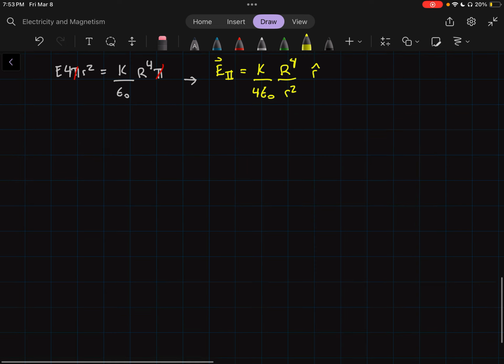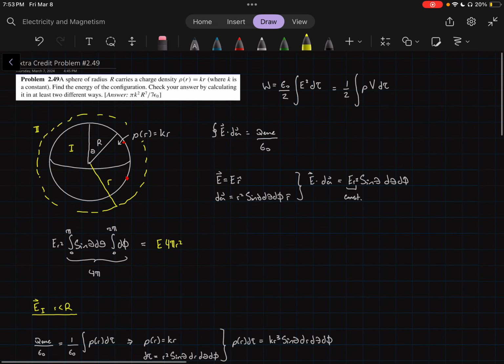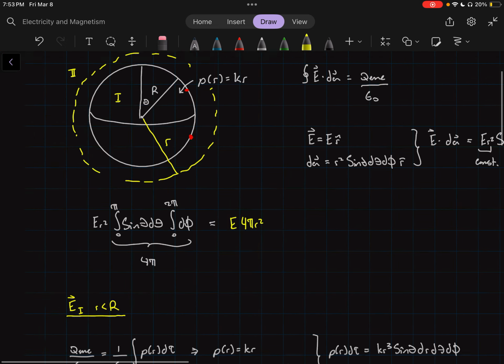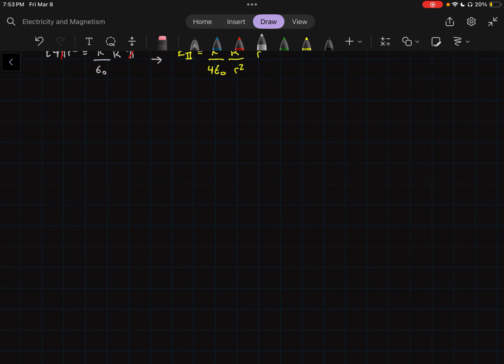So now that we have our electric field vectors, we can go ahead and use method 1. Method 1, remember, was this one, where we squared the electric field vectors. I'll just go ahead and say method 1. So the way that this is going to expand is like this. Work is equal to epsilon naught over 2.